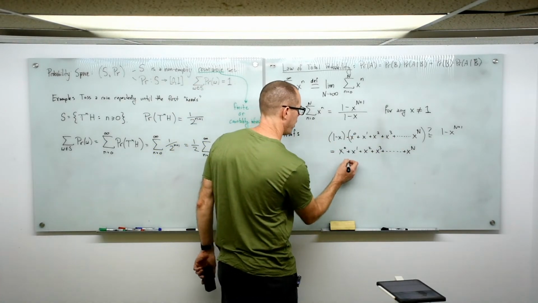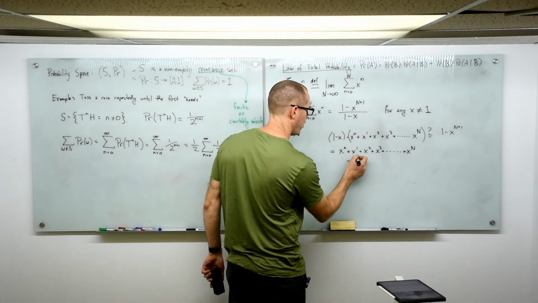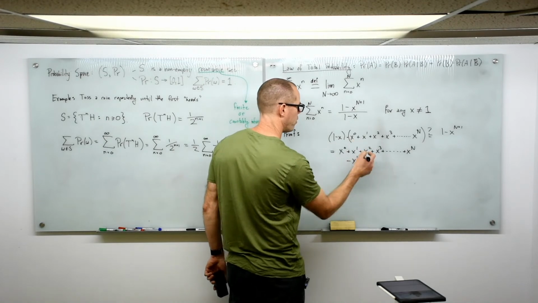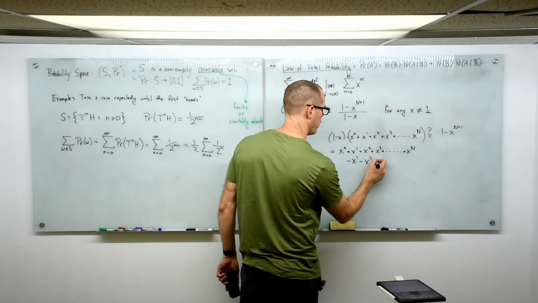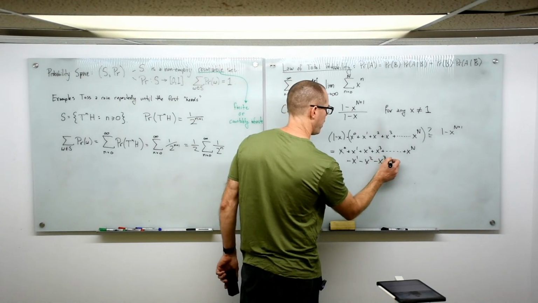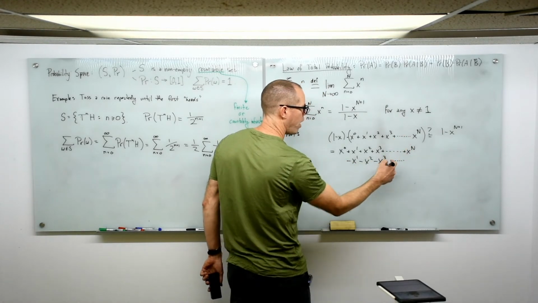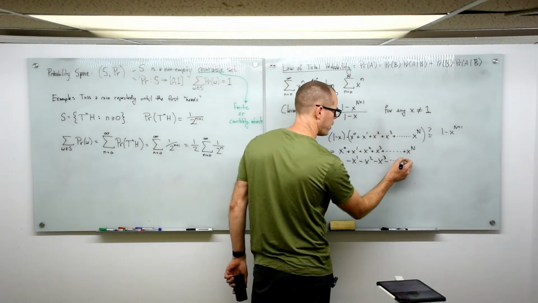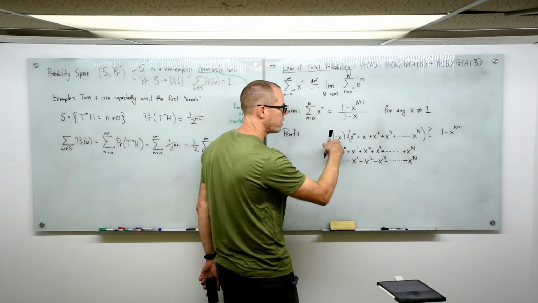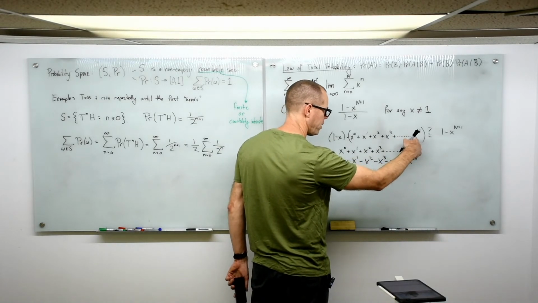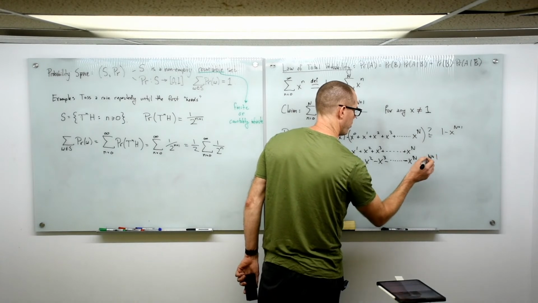So minus x times x to the 0 is minus x to the 1. x times x to the 1 is x to the 2. x times x to the 2 is x to the 3. And so on. Here I have an x to the n minus 1, which when I multiply it by minus x becomes a minus x to the n, and then finally minus x times x to the n is a minus x to the n plus 1.